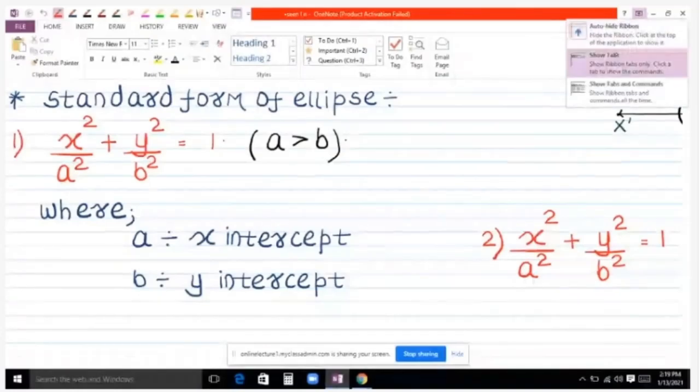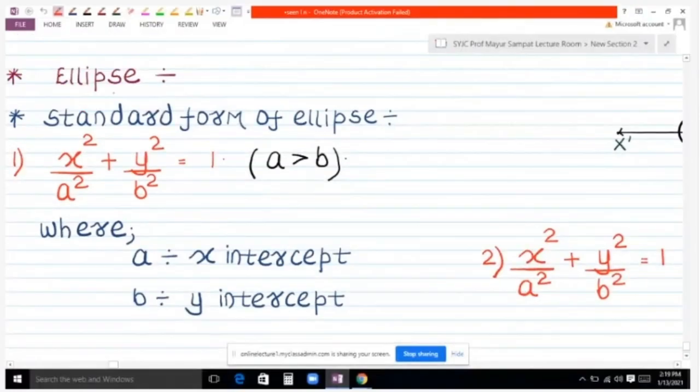In the ellipse, we are going to study the two standard forms of ellipse.